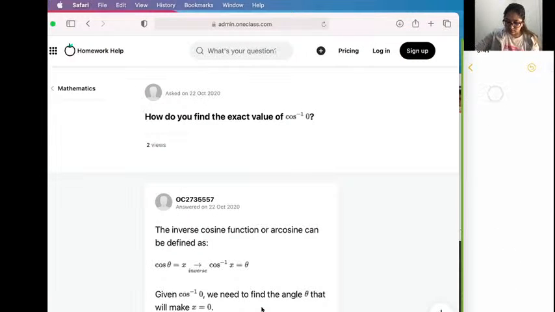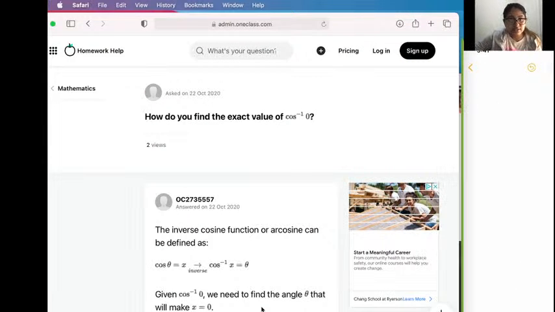And so our 9th question says, how to find the exact value of cos inverse of 0. In order to find this, we're looking at an inverse function of cos right now.